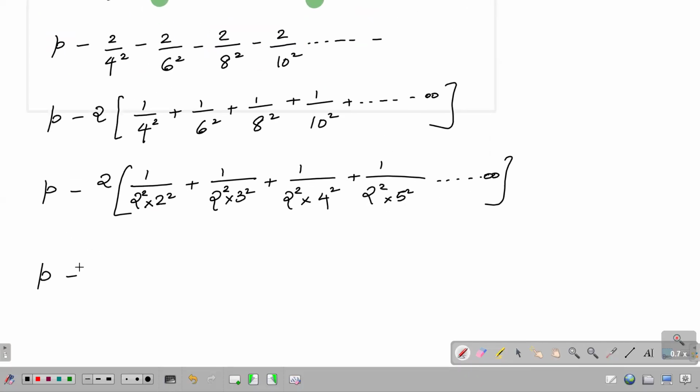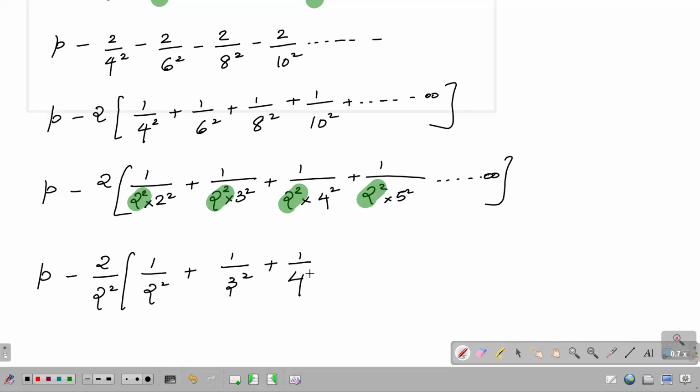It will be P minus 2 by, you've observed it, there is a 2 square which is common in each and every term. I am trying to take that out. Now see the magic. 1 by 2 square plus 1 by 3 square plus 1 by 4 square plus 1 by 5 square plus etc. It proceeds up to infinity.